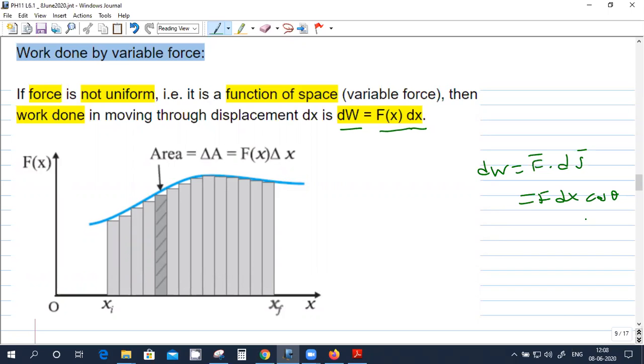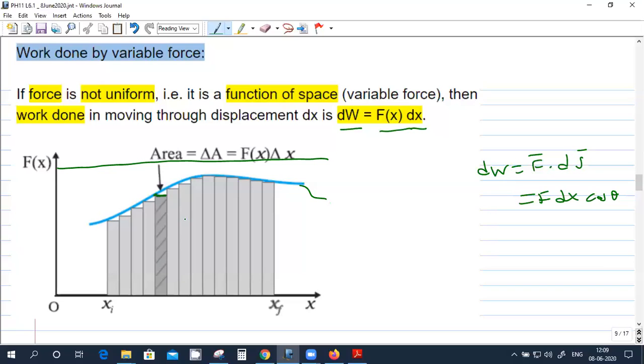Okay, so this is a plot of the variable force or non-uniform force as a function of x. Uniform force means how will it look? It will look like a straight line. Non-uniform means there will be some variation. So this is an example of non-uniform force. And for a small interval dx, this is approximately uniform force.